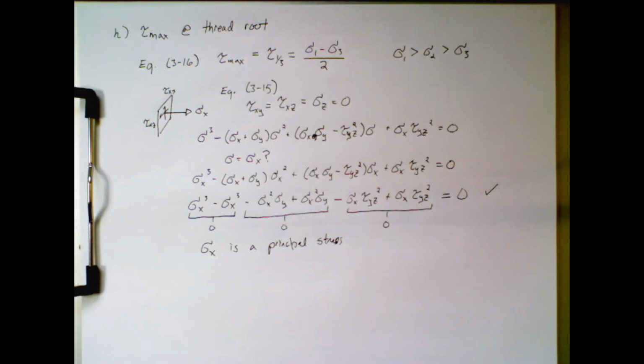We know sigma x is pointing in a principal direction, but what are the other two principal directions and the other two principal stresses? This turns out to be a planar stress transformation, and we need to use an equation for plane stress. If we go back to equation 313, this is exactly what we need to find the other two principal stresses.